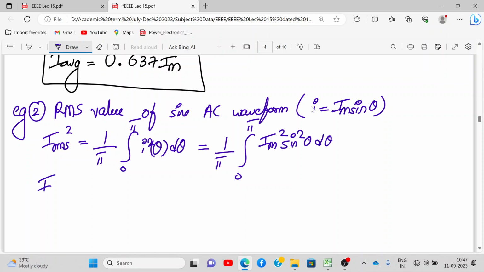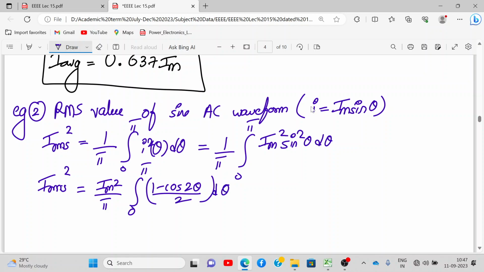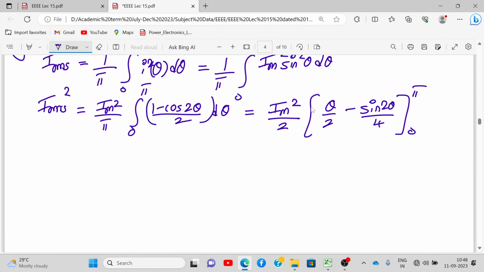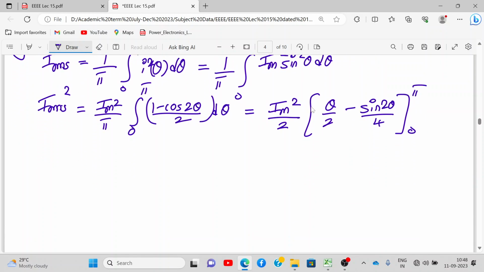So this is Im square by pi. What is the integral? What is sin square theta? 1 minus cos 2 theta by 2 into d theta. So this will be Im square by 2, theta by 2 minus sin 2 theta by 4, with limits going from 0 to pi.